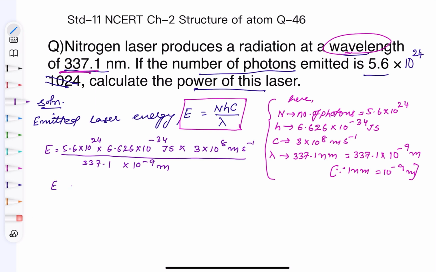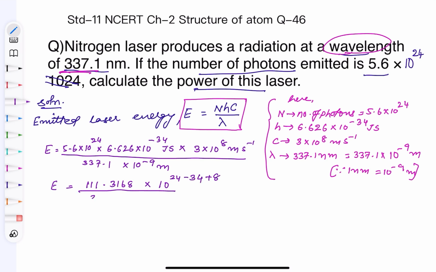So E would be, multiply 5.6 into 6.626 into 3, and when you multiply all that, you get 111.3168. Then let us solve the powers of 10. You have 10 to the power of 24, and you add all the powers of 10: 24 minus 34 plus 8.